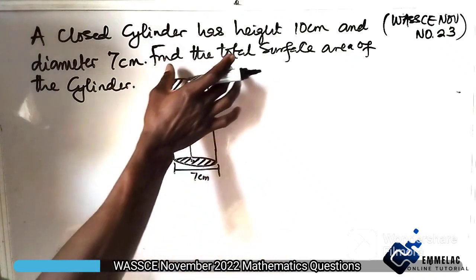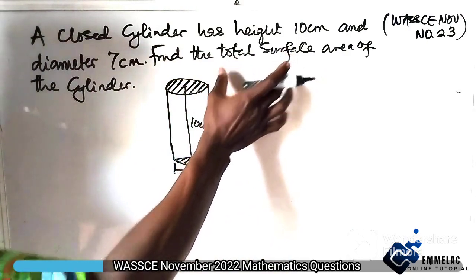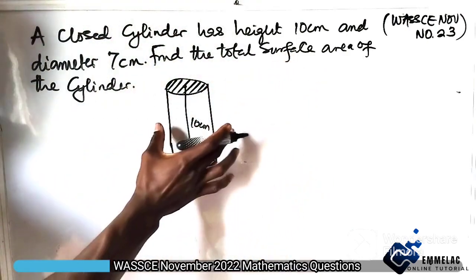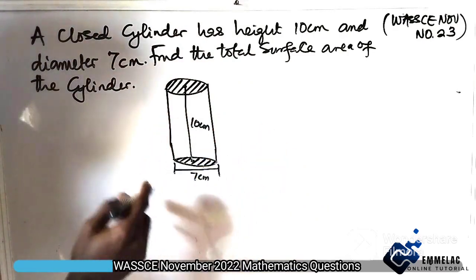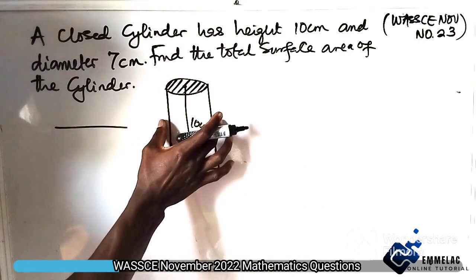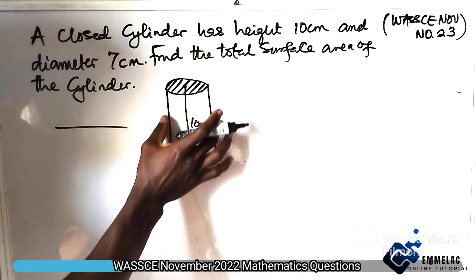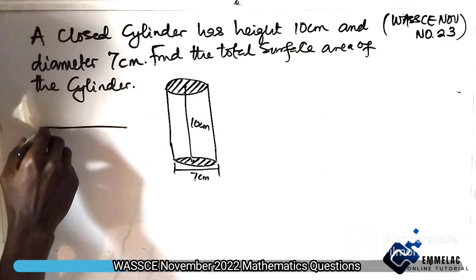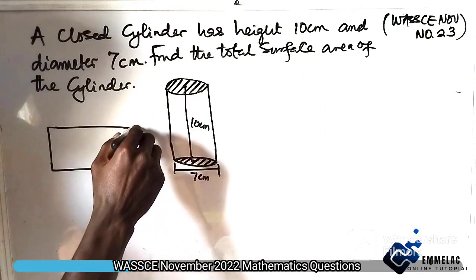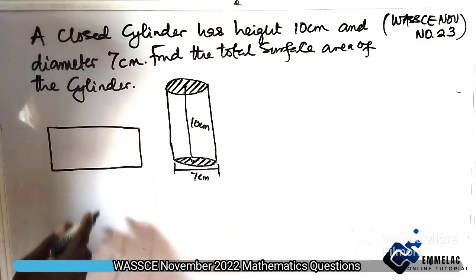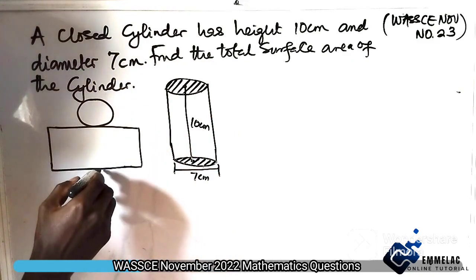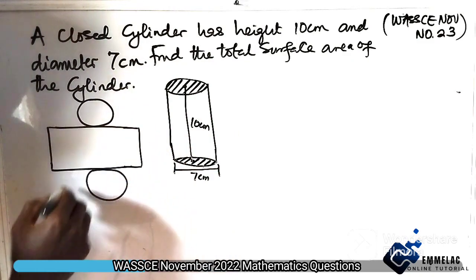Now for us to get the total surface area, what we just need to do is dismantle this. So we have the shape to be like this. The hollow part, or the body part that seems to be a little bit circular, is this. Now this circular part is also this.